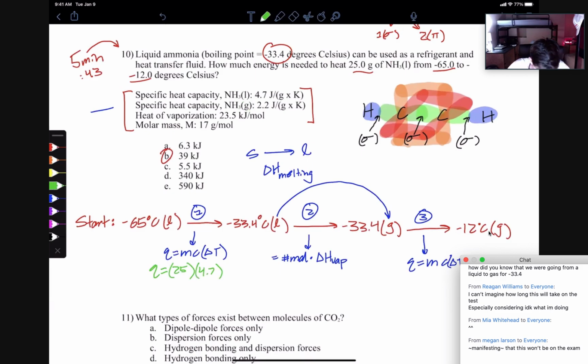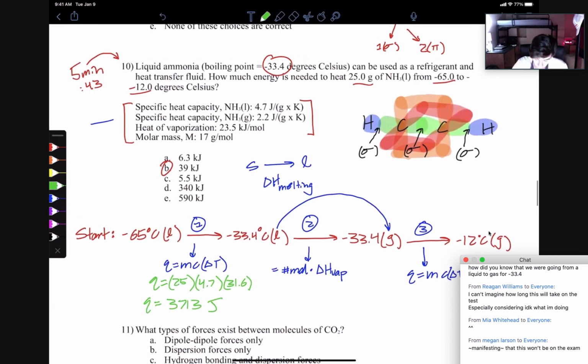And our delta T, that's just final minus initial, so you end up getting 31.6. Okay, and when you solve that out, you're going to get 3,713 joules.